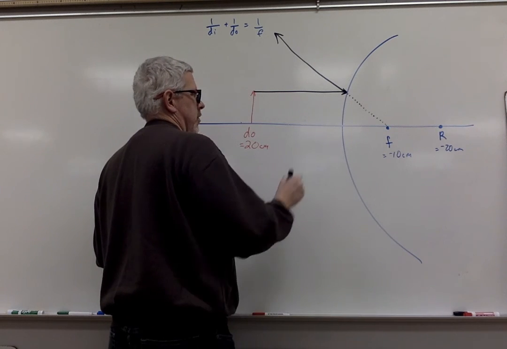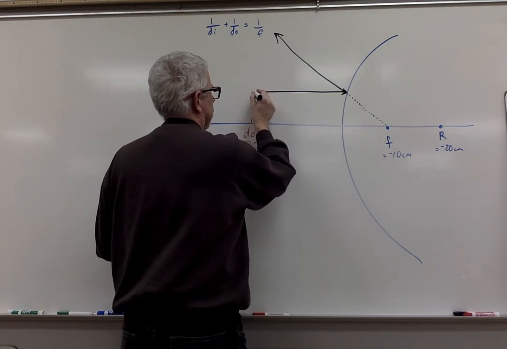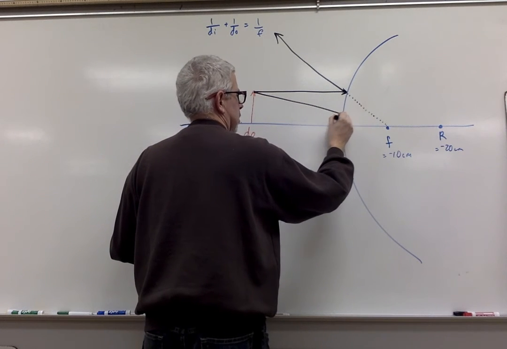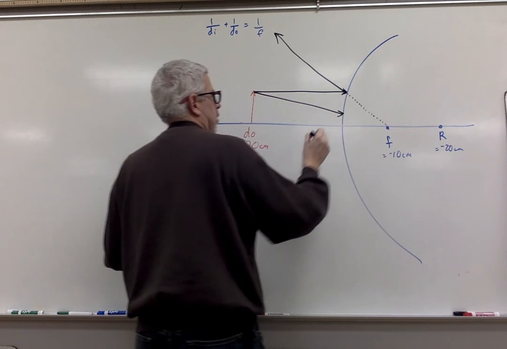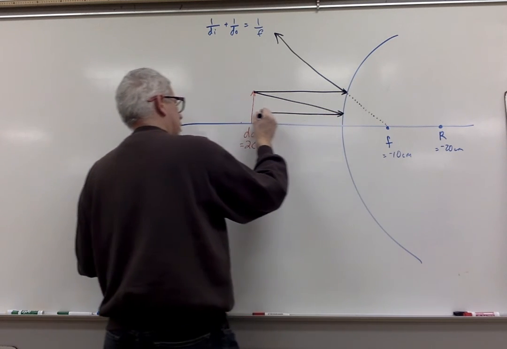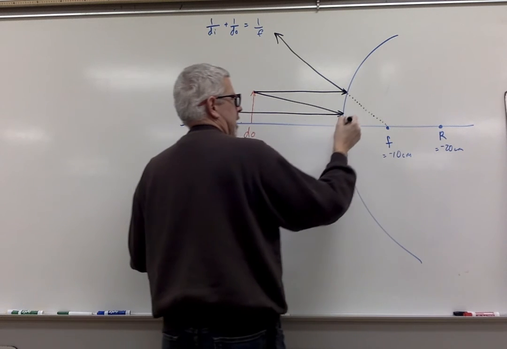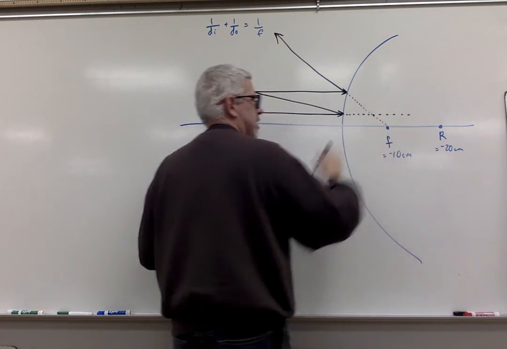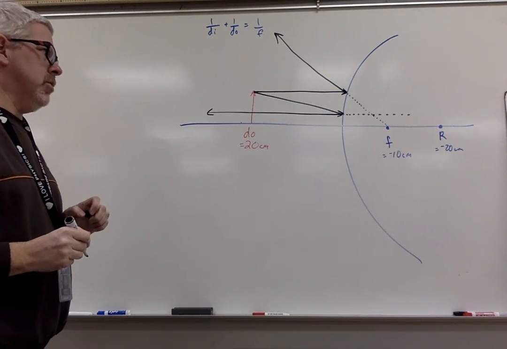We could also have a ray of light come in as if it's going to the focal point, like this. But in fact, it's going to reflect back parallel to the optical axis. And your brain thinks that that's where those two rays of light actually cross.